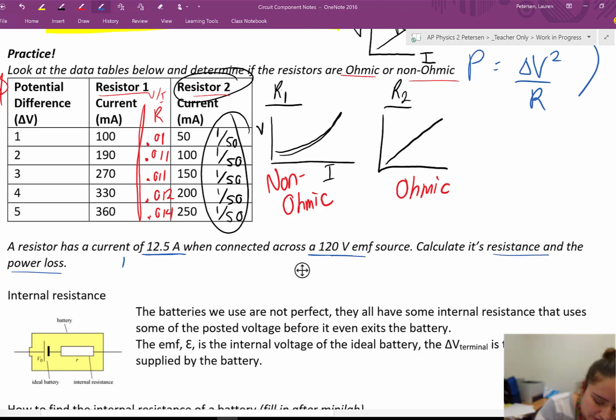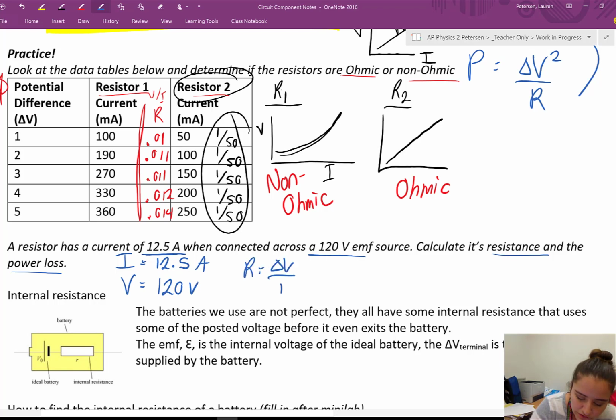So we have the current, which is 12.5. We have the voltage, which is 120 volts. We can calculate the resistance by voltage over current. When you plug that into your calculator, you get 9.6 ohms.